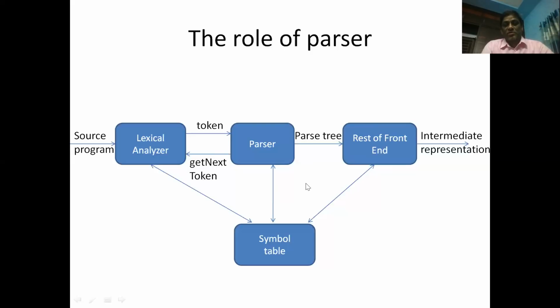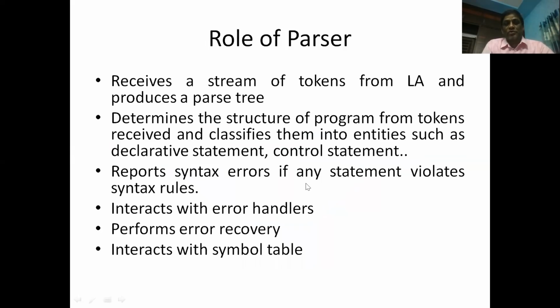Okay. Now let us go through in detail the several things that are done by a parser other than building a parse tree. So the basic role of the parser is receiving a stream of tokens from the lexical analyzer and producing a parse tree by using this stream of tokens. Okay, so that is the basic role of a parser.